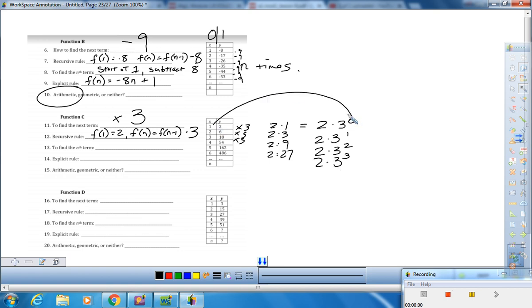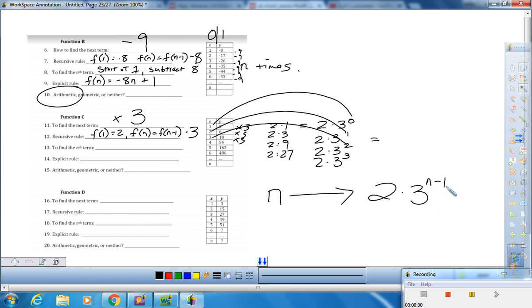Notice, 1 goes to a 0, 2 goes to a 1, 3 goes to a 2, so I think the nth one will lead you to 2 times 3 to the n minus 1.